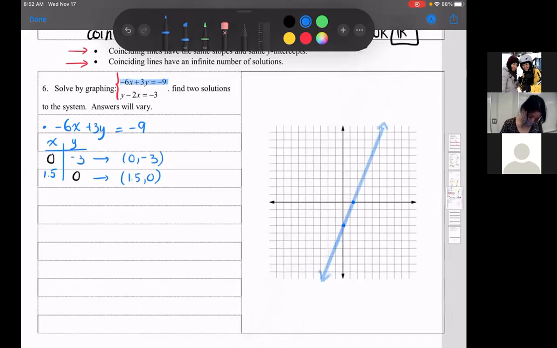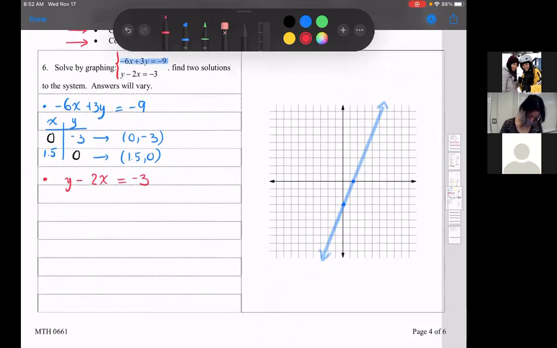And then for the red one, y minus 2x equals -3. You can solve for y, so you can add 2x to both sides. That's gone. So I have y equals 2x minus 3. This implies the slope is 2/1, and the y-intercept is 0, -3. 0, -3 is still here.